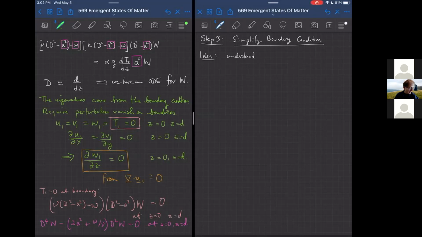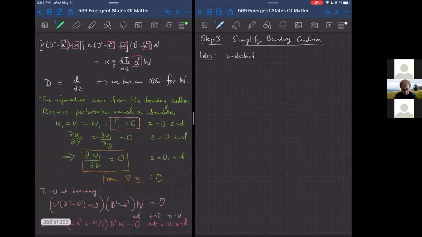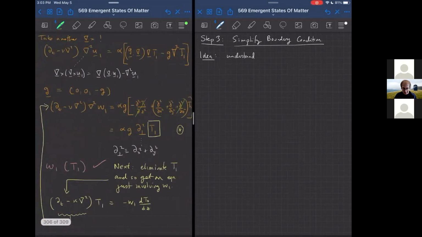So if you go back to the T1 equation... This does not follow from the top equation that you have? No, because the top equation is a 6th order equation, and the equation that I've written down is a 4th order equation. Okay, I see. This comes from some previous equations, right? Yes, it comes from this equation here, the one in the middle of the page.